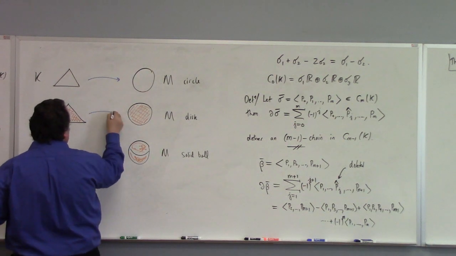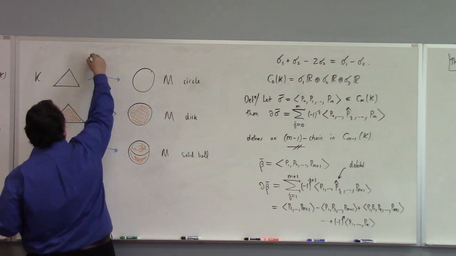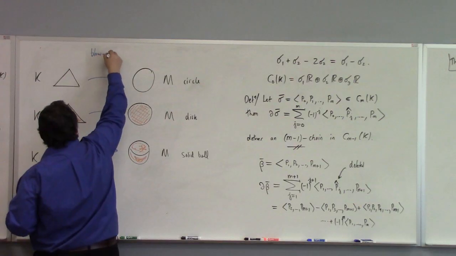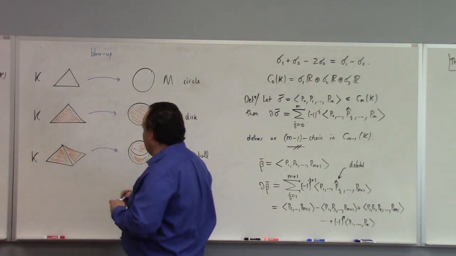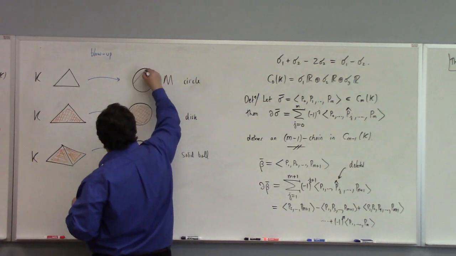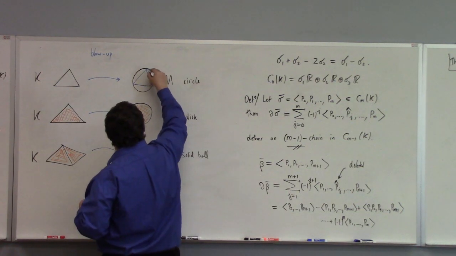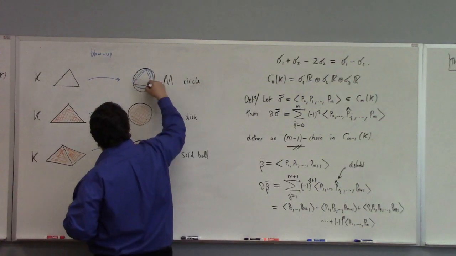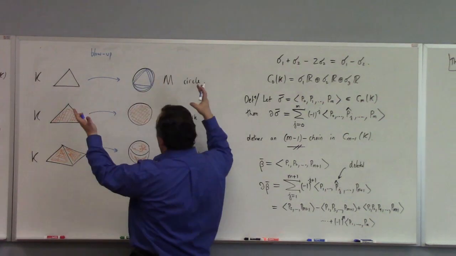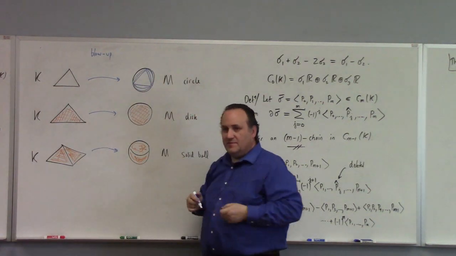So basically just imagine sticking the triangle in here, and then you can just blow it up. That's a continuous process, and it's obviously invertible.